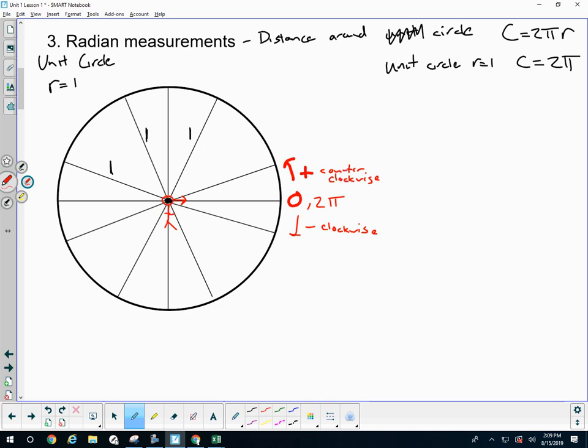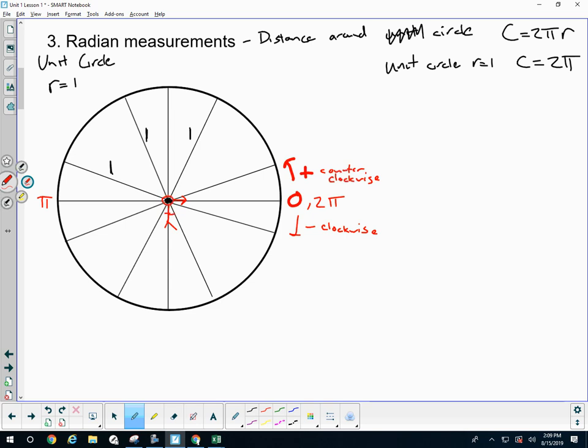Now, what if I wanted to just go halfway around the circle? We know that as being 180 degrees. Well, what's halfway between 0 and 2 pi? Pi. Pi is 180 degrees.